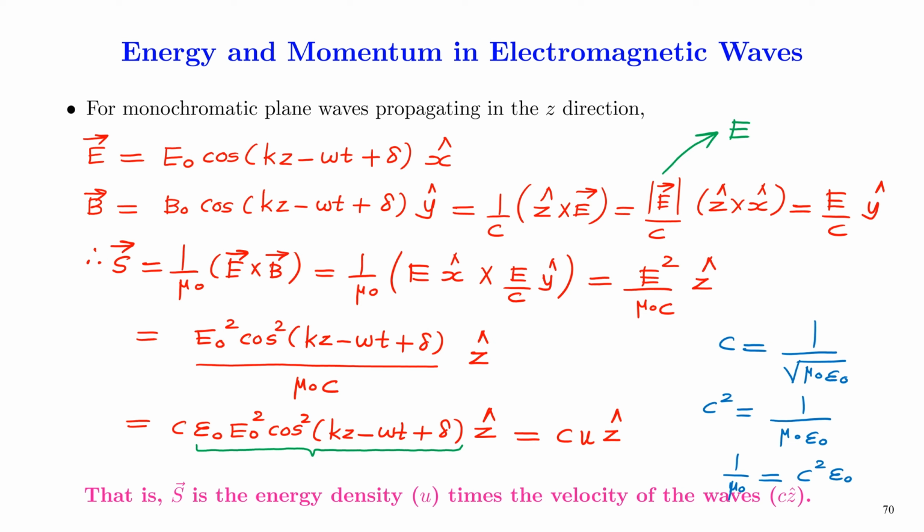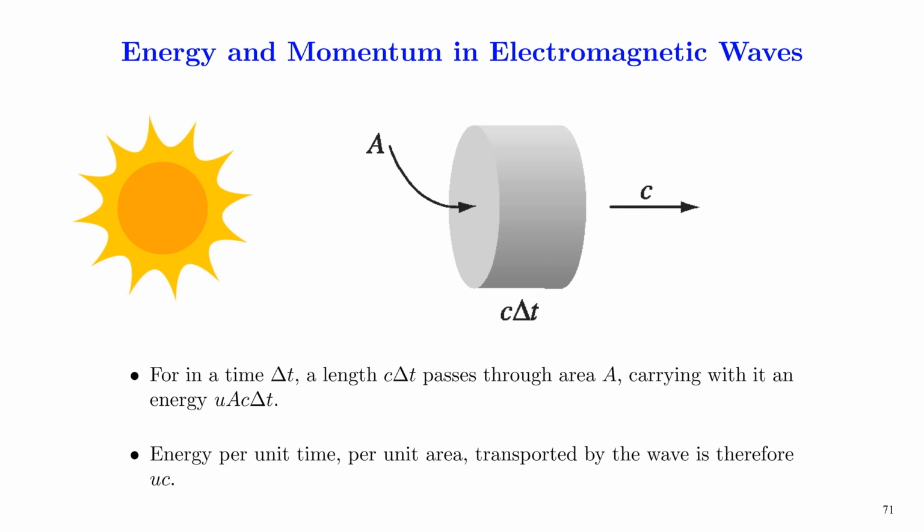Let's try to give this result a physical explanation. We can consider the Sun as a source of electromagnetic energy. Near to the Sun, the electromagnetic waves are spherical in nature, and as it reaches far away from the Sun, it can be approximated to be plane waves. If we consider the velocity of light as c, then in a time delta t, the distance that is travelled by the electromagnetic waves is c delta t.